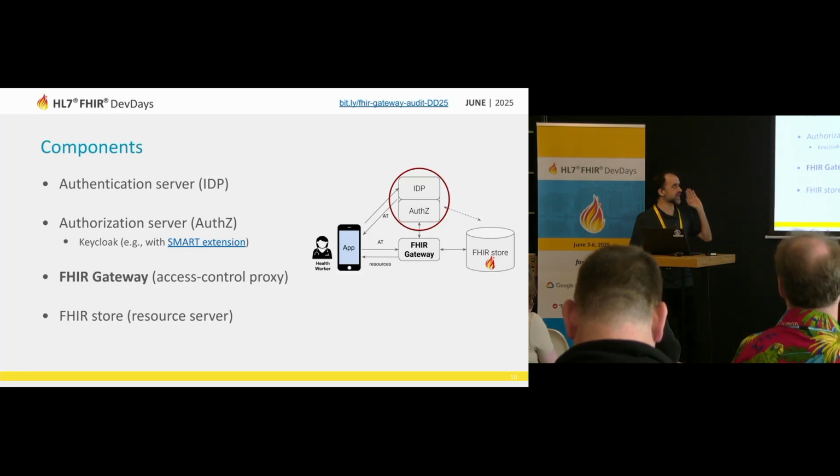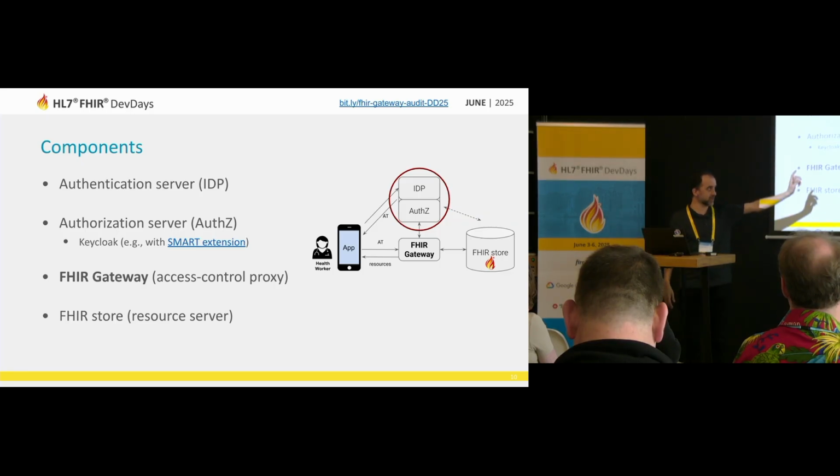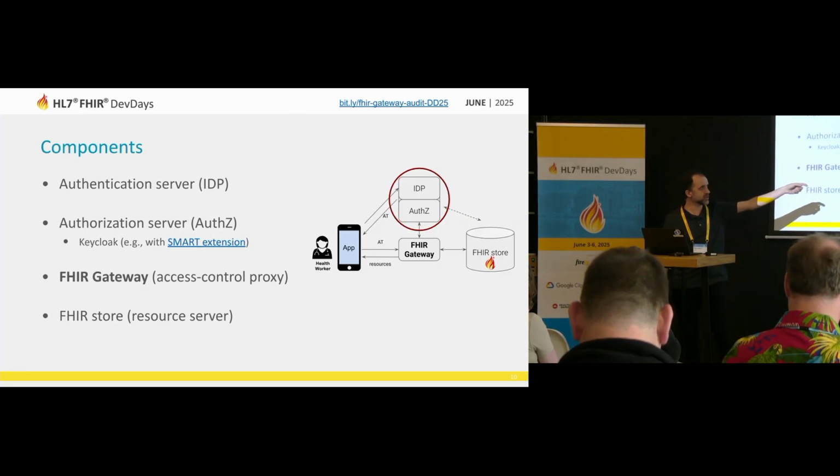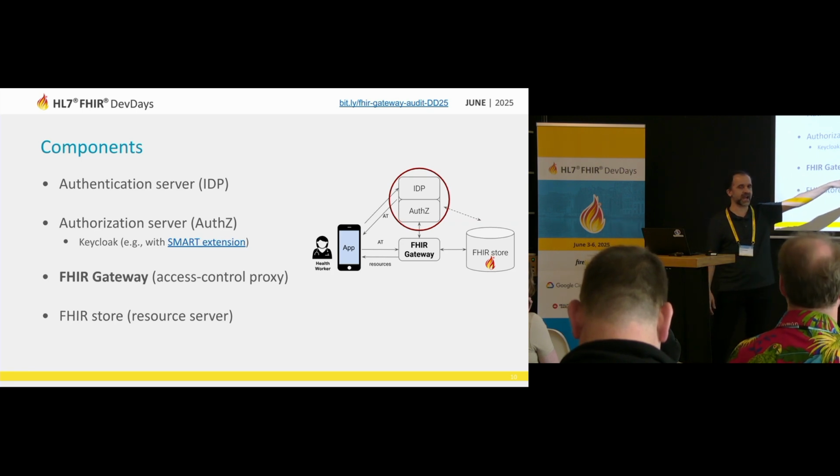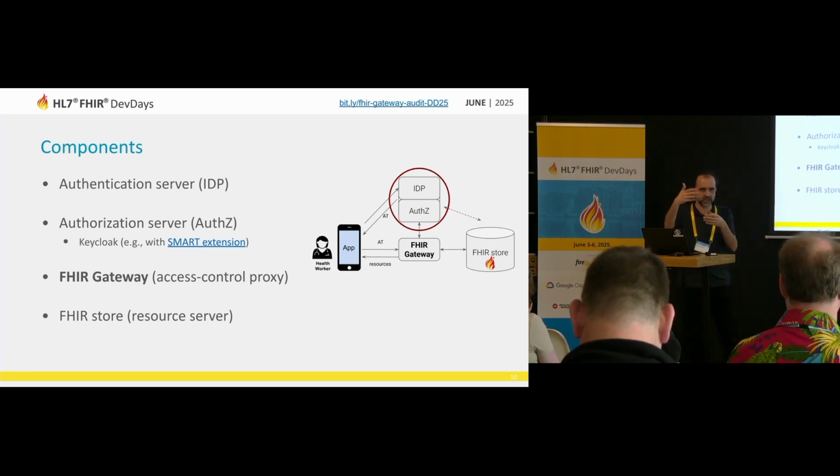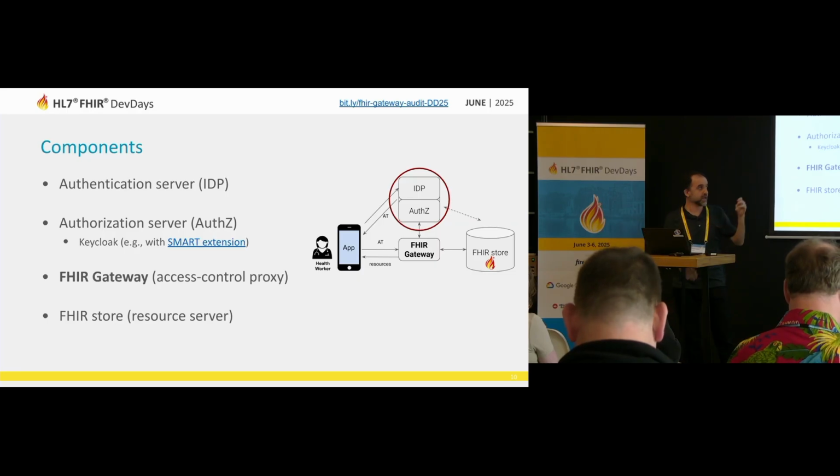What we care about is that in the well-known information that we have in the gateway, we advertise which authorization server we work with. But it's the app's responsibility to go to that authorization server and get an access token.